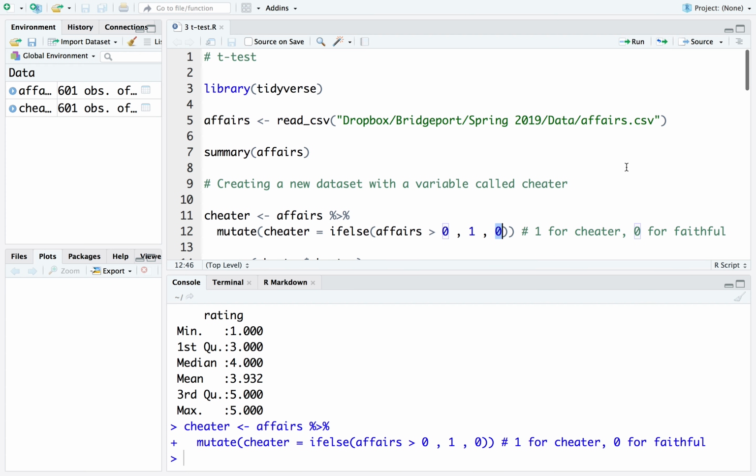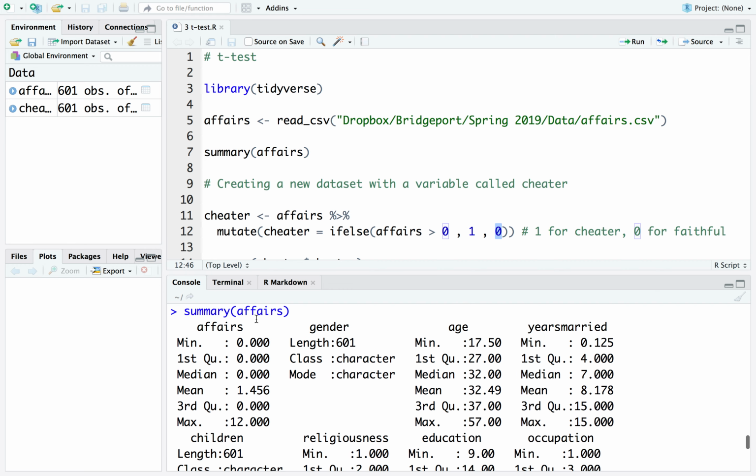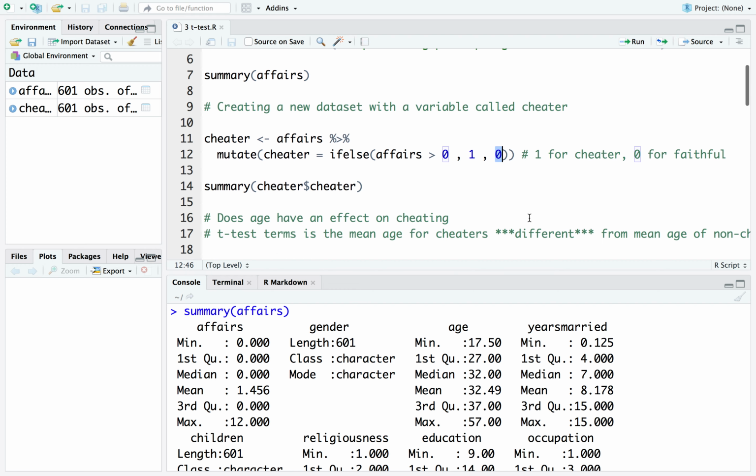Because we've done the summary, we know that the variable affairs goes between 0 and 12, and there are no missing values. Therefore, if affairs are greater than 0, meaning that you've had an affair, we've labeled you as a cheater. If your number of affairs is not greater than 0, then it must be equal to 0, so we are labeling you as faithful.